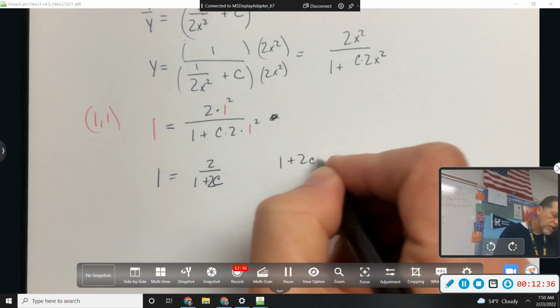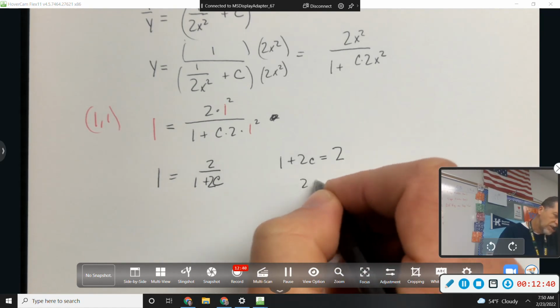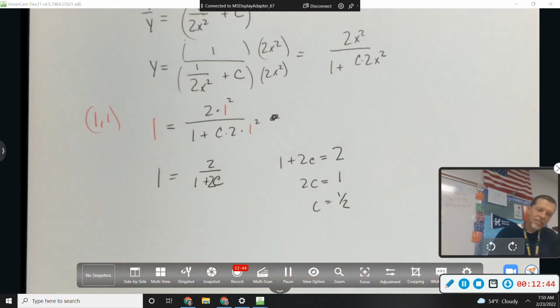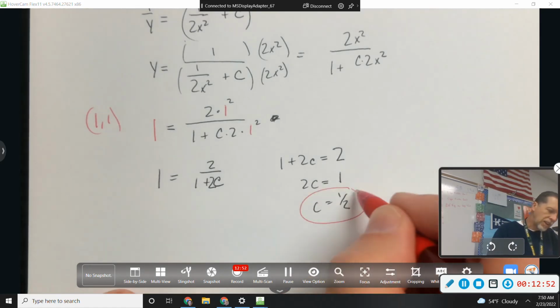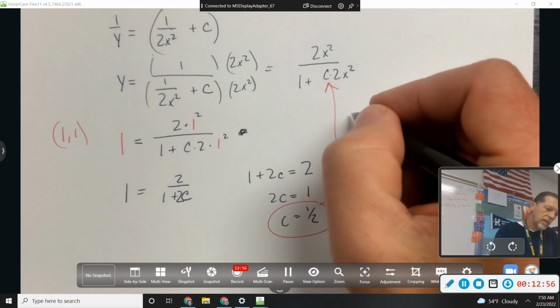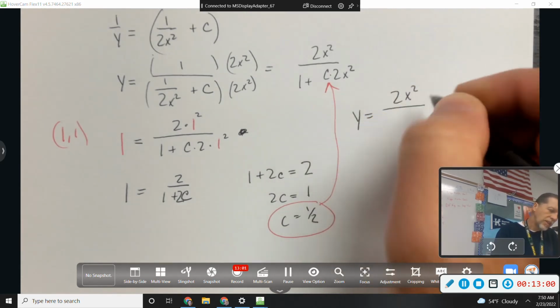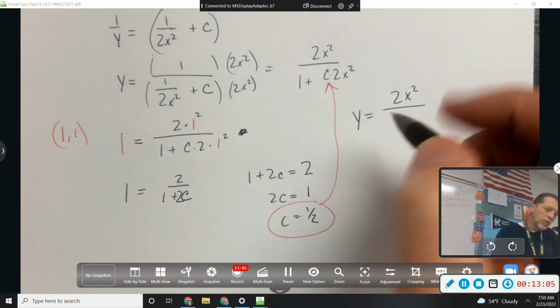So 1 plus 2c equals 2. 2c equals 1. c equals 1/2. Algebra, algebra, algebra on this problem. But now I know what c is. So my final answer is y equals 2x squared over, if c is 1/2, 1/2 times 2 cancels each other out.